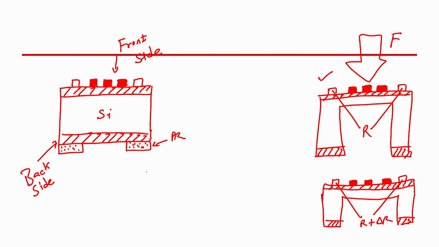After hard bake, my next step would be to dip this wafer in BHF. Why BHF? Because BHF is the etchant for silicon dioxide. So, if I dip this wafer in BHF, what would I have?